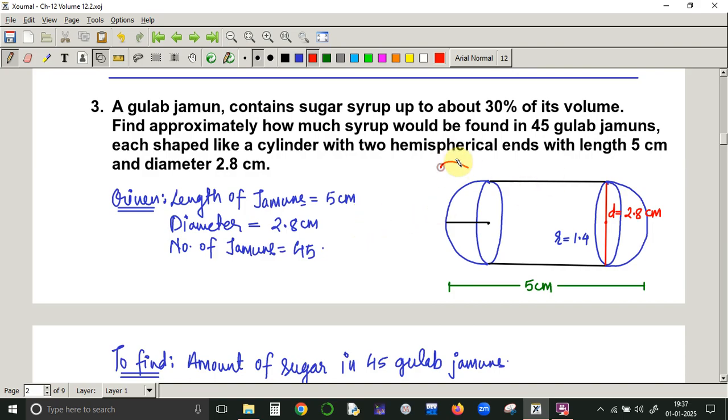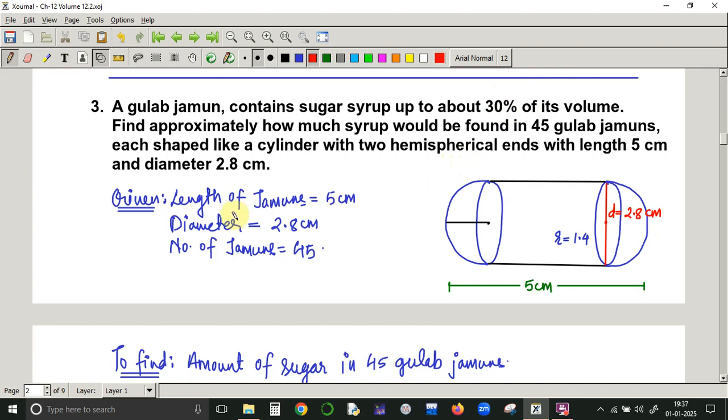So this is the shape of one gulab jamun. So what I am thinking is we will find the volume of one gulab jamun, then of that volume 30% is sugar, then we will multiply that sugar amount with 45.